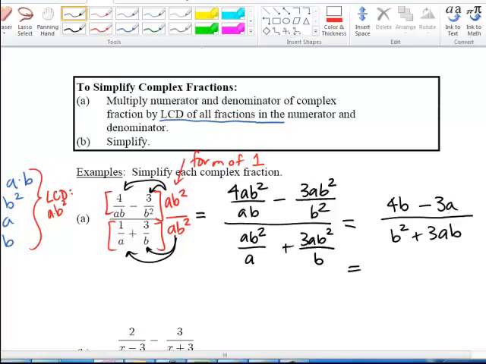There's nothing, the GCF in the numerator is just 1. In the denominator we could take out a b, but it's not going to allow us to simplify any further. So that's it. So we're done when we have just two levels left and when we know we can't factor and reduce what's left.